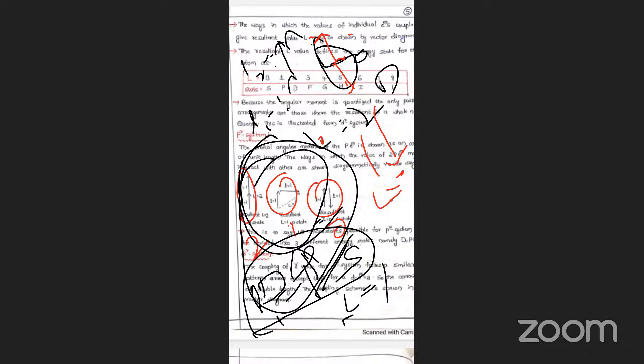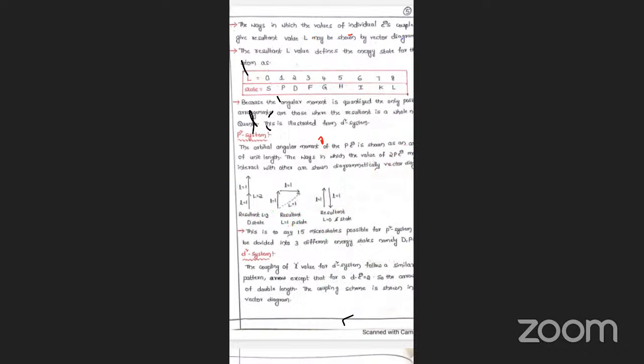What about the D2 configuration, or D electron? D is also similar. For example, in the D2 configuration, what about L here? L is equal to 2. The first electron is present in a D orbital, and the second electron is also present in a D orbital.